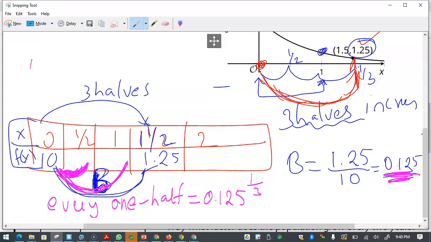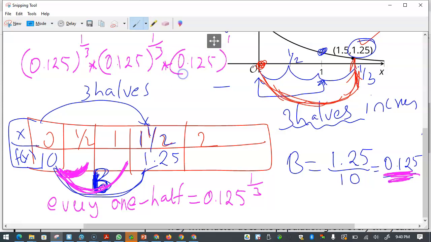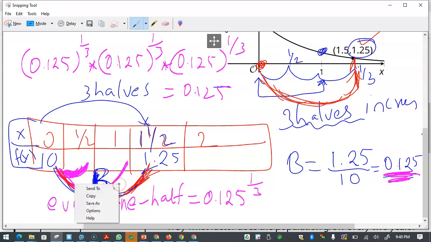The reason is 0.125 to the one third, multiplied by 0.125 to the one third, multiplied by 0.125 to the one third will give you 0.125, and that's what the decay factor was from 0 to this. See? Which was 0.125.